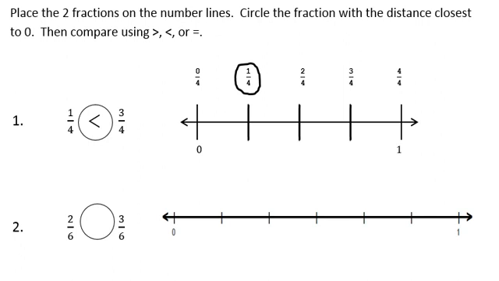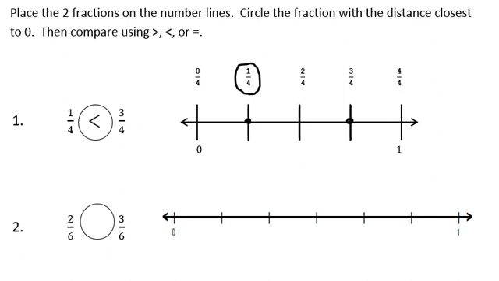In the first problem, we're comparing 1/4 to 3/4. You can see the number line has been divided into fourths between 0 and 1. That distance represents one whole, and there are 4 sections, each section representing 1/4. So this point would be the 1/4 mark, and this point would be the 3/4 mark.